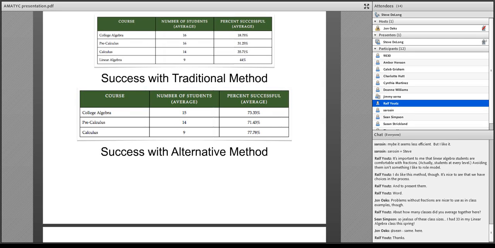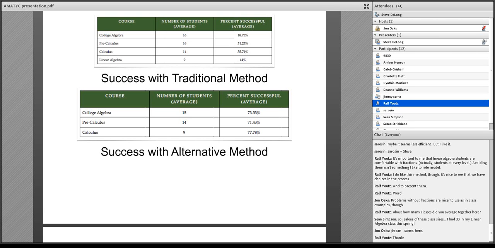However, I would be very curious to see what other people found, what your success rates were, because as you can see here, the success rates for students were extremely high for this alternative method, and they were rather low for the traditional method. And this is when I was involving fractions.